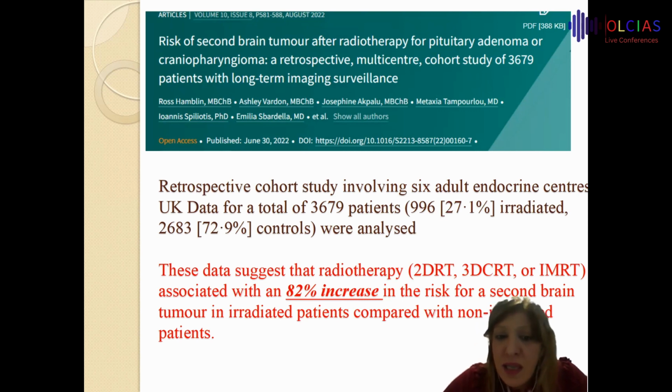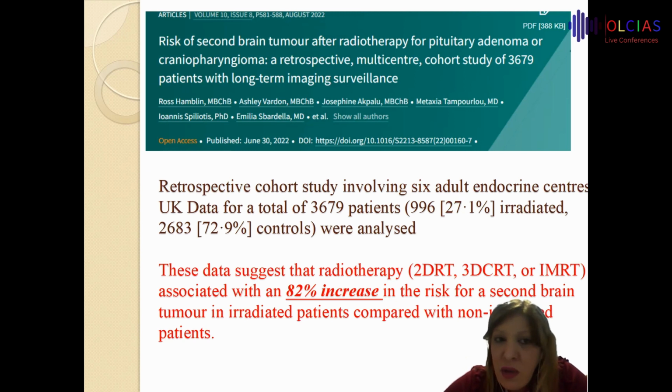This data suggests that radiotherapy is associated with an 82% increase in the risk of a second brain tumor, and this is only in the case of irradiated patients compared with the control group.